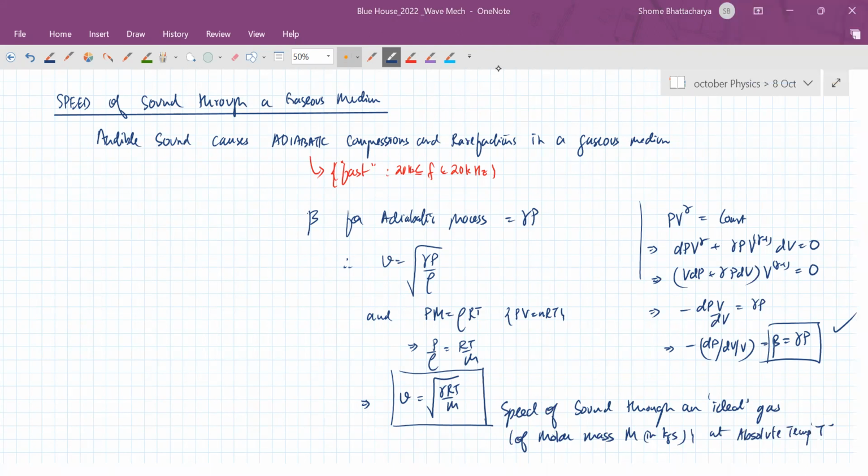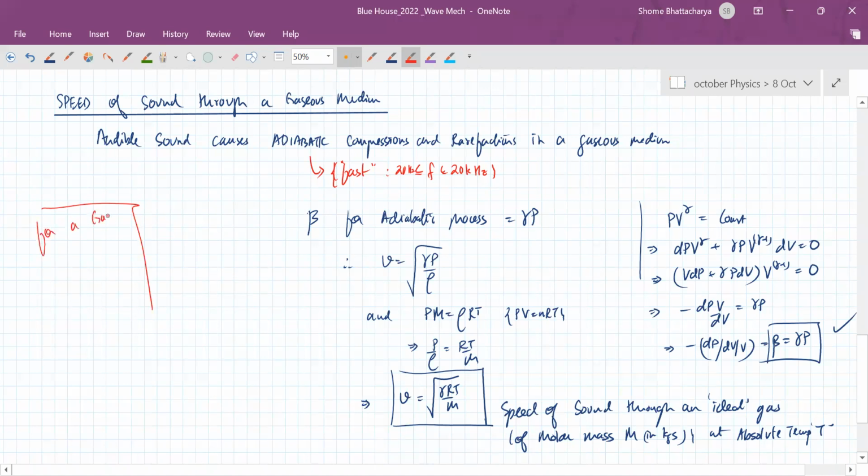Yeah, Rakshit, I'm just giving a quick recap of Bulk's modulus calculation for thermodynamic process. So for a gas, Bulk's modulus, which is defined as volume stress upon volume strain, is defined as modulus of instantaneous change in pressure dP, which becomes a volume stress, upon dV by V, which becomes a volume strain.